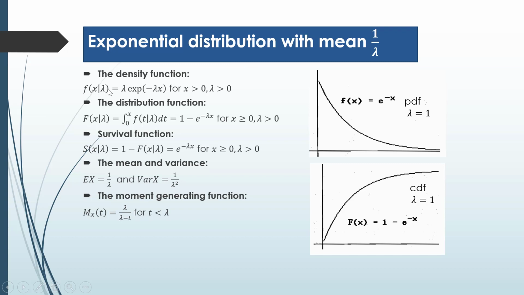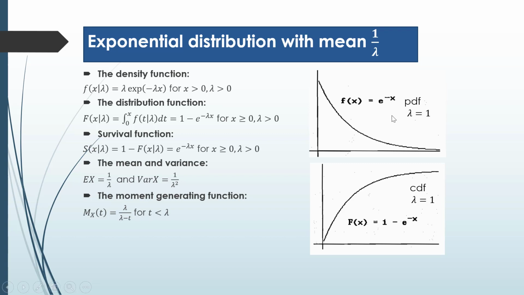So f of x given theta is 1 over theta times exponential of negative x over theta. So the expected value is theta, and the variance is theta squared. Just make sure that you don't get confused when the question gives you the alternate version of the density function.